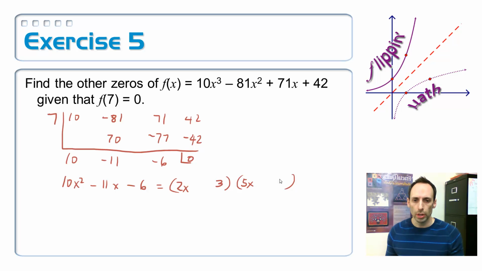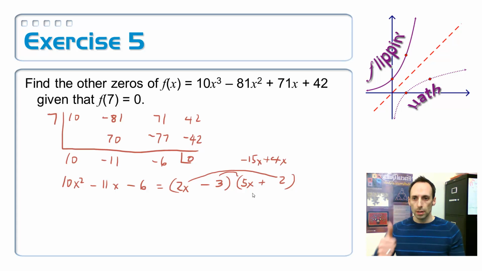I'll put 3 here and a 2 there. Now let's do the rainbow. Let's do the inside and the outside terms. Here you've got 15, and here you have 4. So 15x and 4x. Can you do anything to get negative 11? Sure, if this is a negative 15 and a positive 4, that means that 3 is negative, 2 is positive. There we go.